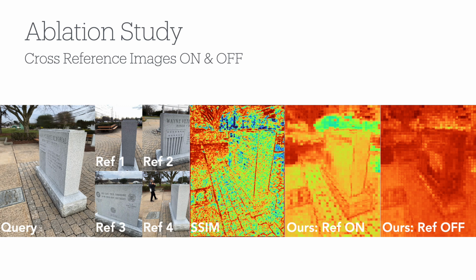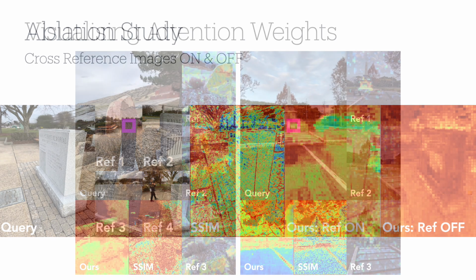In this slide, we show an ablation study by turning reference images on and off. We demonstrate that when reference images are provided to our cross-referencing network, our method can make accurate predictions, while when we do not provide reference images, our network is essentially degraded to a monocular no-reference image evaluation method. From this experiment, we demonstrate that our method is indeed evaluating a query image by referencing other views.